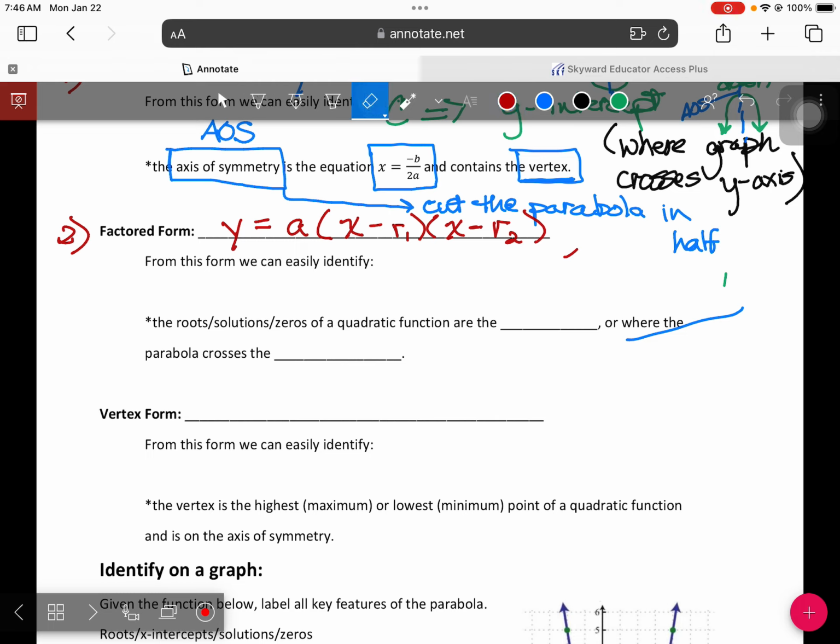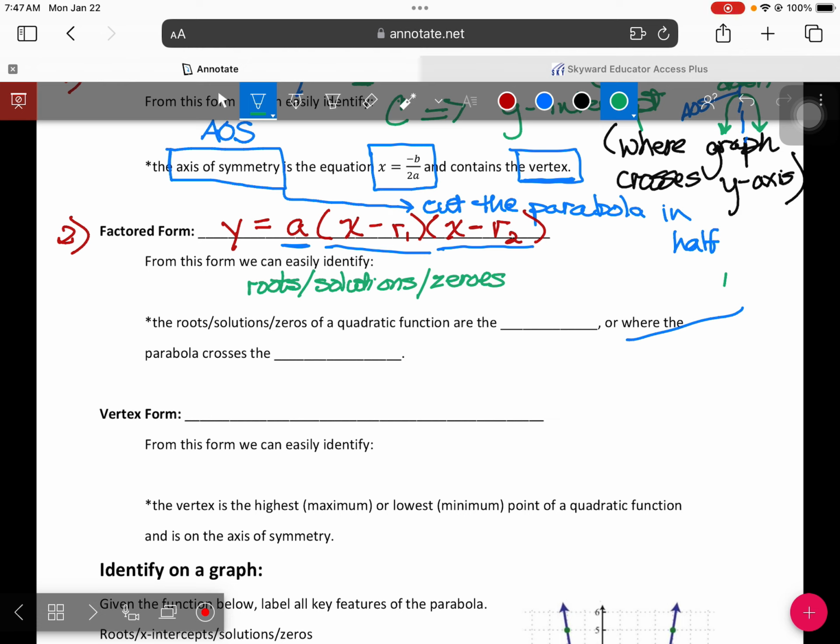Okay? So this is factored form because I have three factors, three things that I'm multiplying. A times this value times this value. From this form, we can easily identify our roots, our solutions, our zeros, all of those, okay?